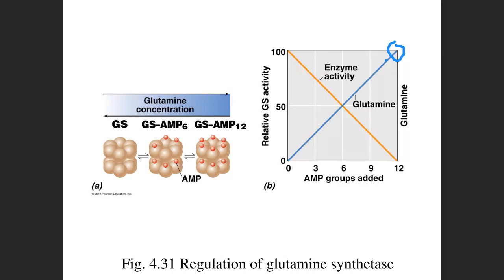So the higher the concentration of glutamine, the lower the enzymatic activity, right? That makes sense. If you have lots of glutamine, you don't need the enzyme activity; the enzyme should not be active.